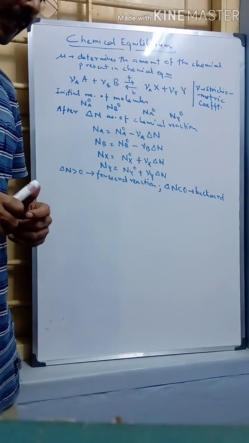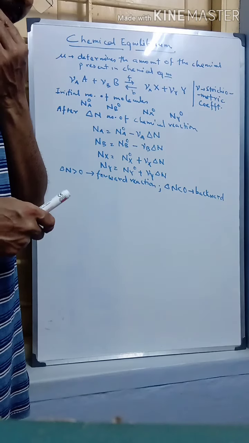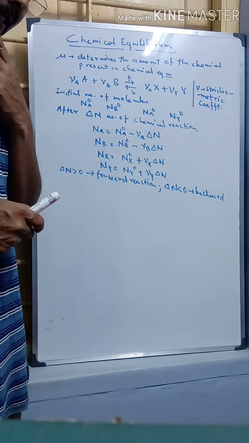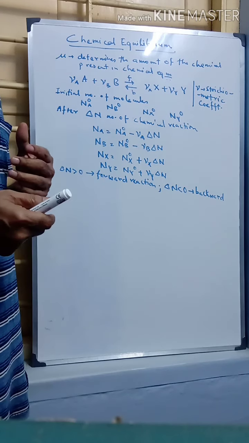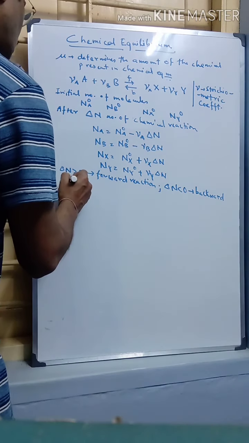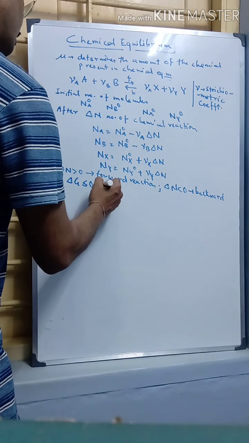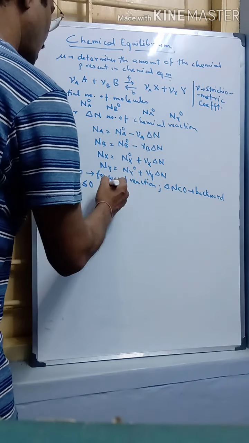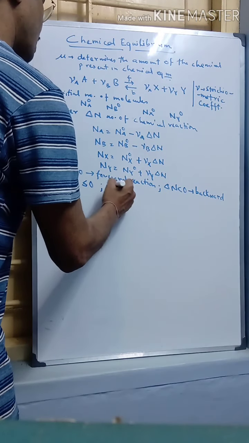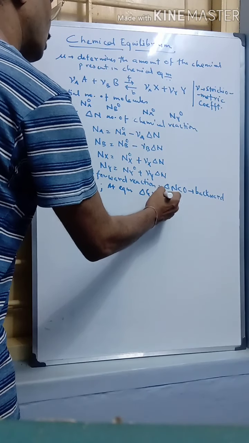Now we can say that the reaction would reach chemical equilibrium when delta G is such that delta G is less than or equal to 0. And at equilibrium, delta G must be equal to 0.